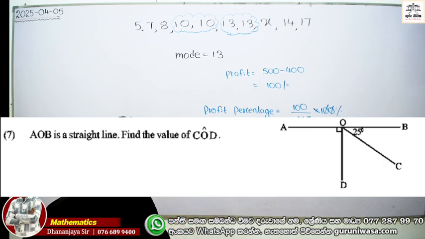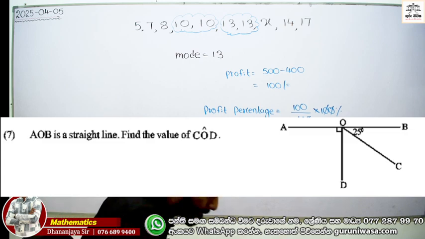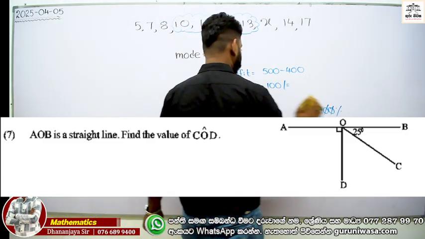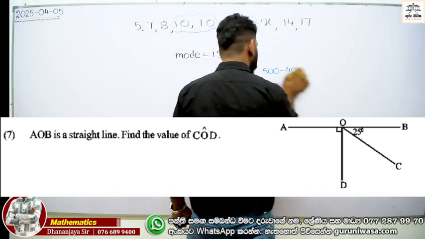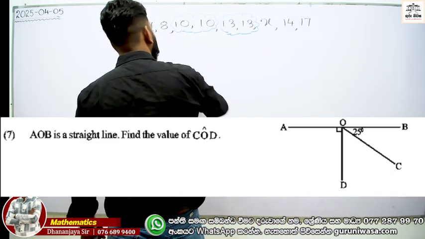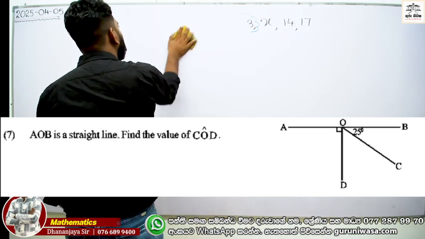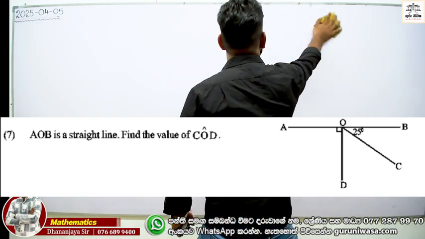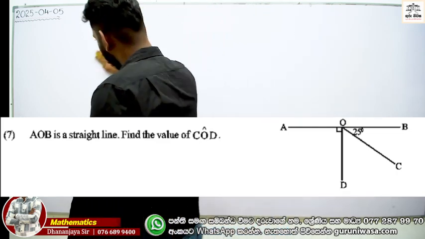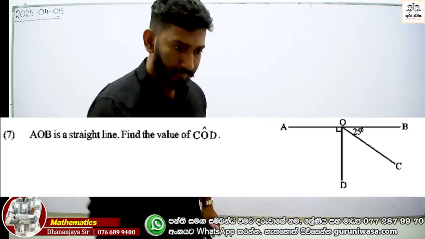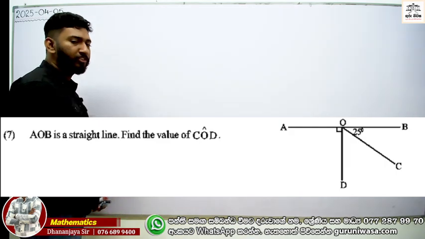The answer is 65. AOB is a straight line.